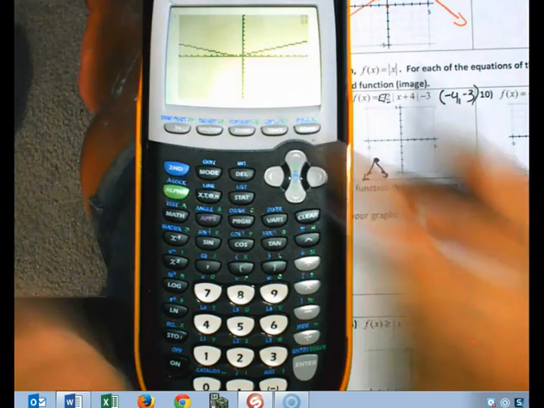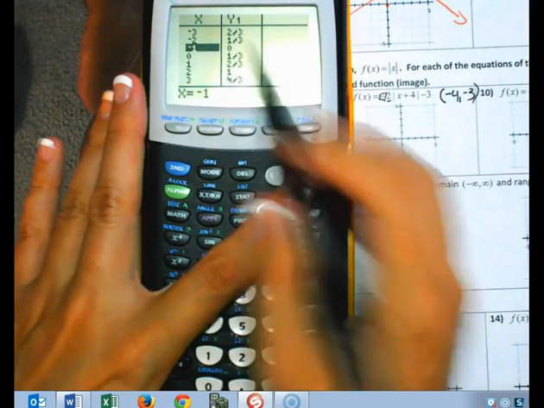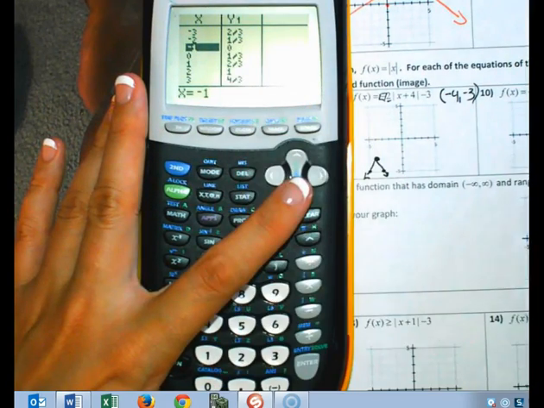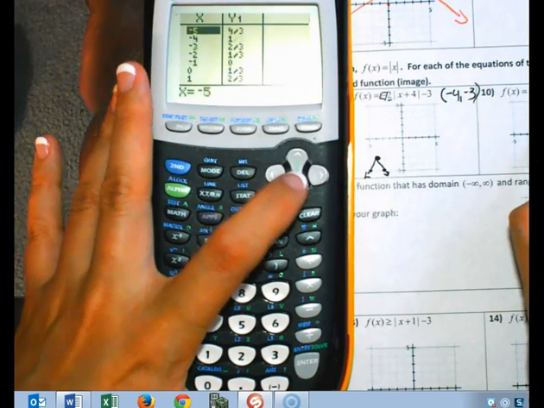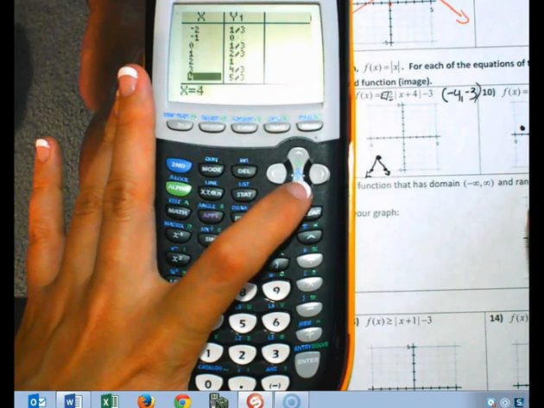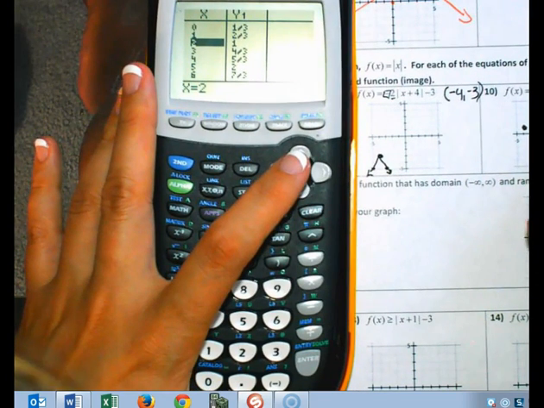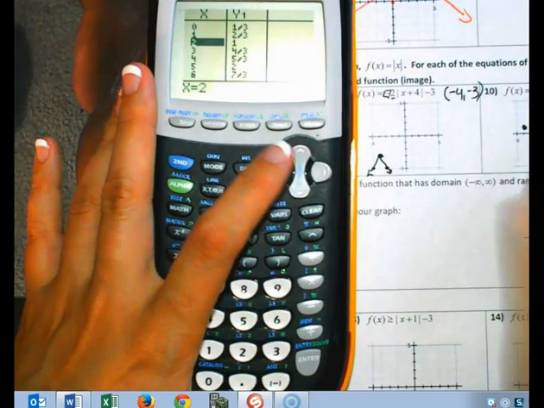If you wanted some points to graph, use the ones that are not fractions. So -1, 0. Let's go up a little more here. I've got -4, 1. Let's go the other way and get one more point. 2, 1. And there's my sketch.